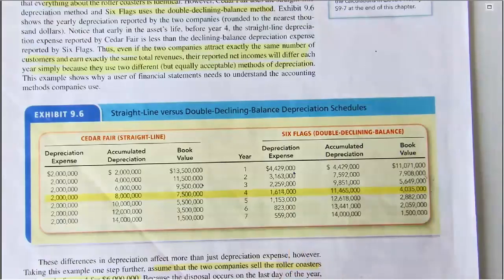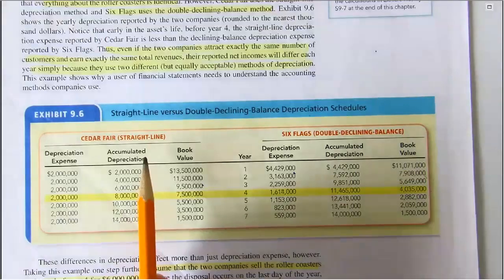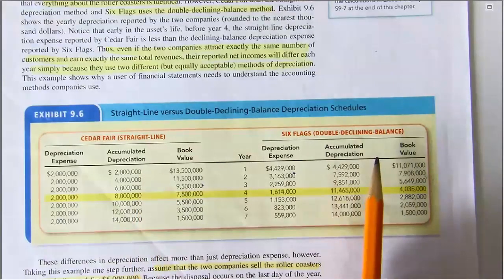Now we're going to assume that the two companies are going to use this roller coaster in exactly the same way. Same number of customers, same amount of revenue earned by the company. Everything about it is the same, except one uses straight line and one uses the declining balance method.